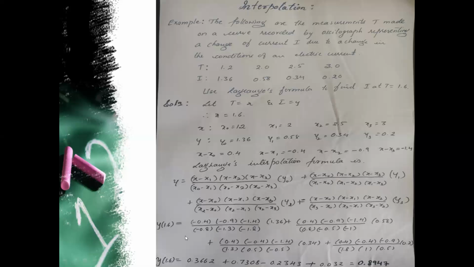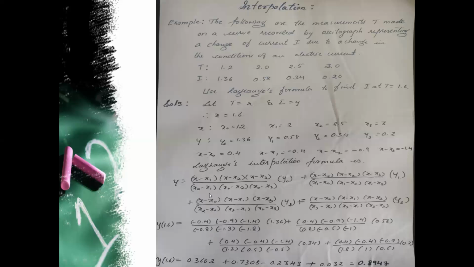Now let us substitute the values here. Y of 1.6 we want, so x is substituted as 1.6 here. Then we have already found the values, x minus x1 minus 0.4, here it is x minus x2 is minus 0.9, x minus x3 is minus 1.4.